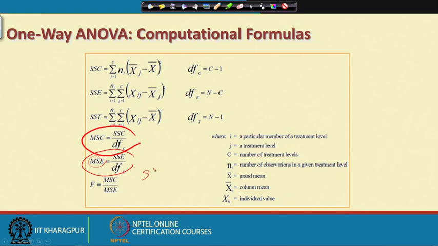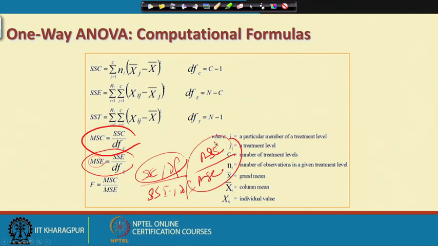And F is nothing but MSC divided by MSE, that is SSC by its degrees of freedom and SSE by its degrees of freedom. This is what is called F calculated. With the help of the samples, you can get the F value. Then on the basis of the F value, we have degree of freedom 1 and degree of freedom 2, that is the sample adjustment row wise and column wise.